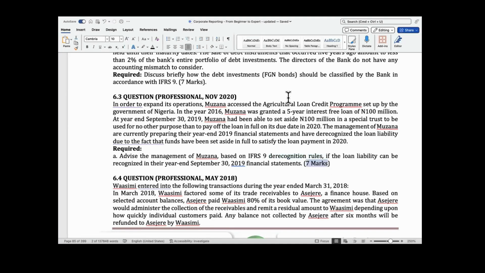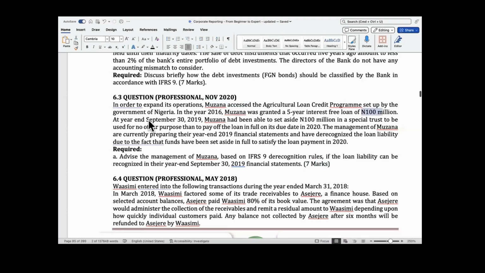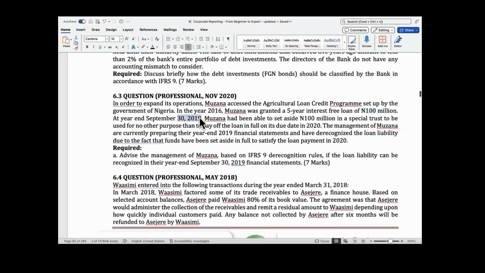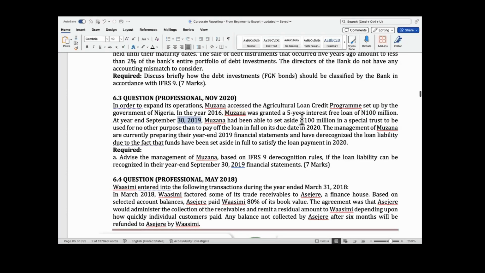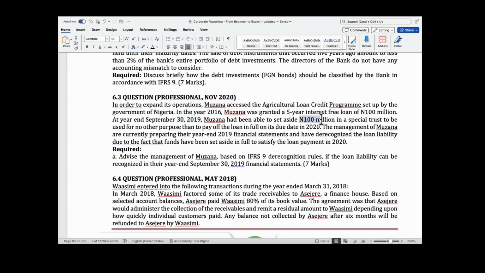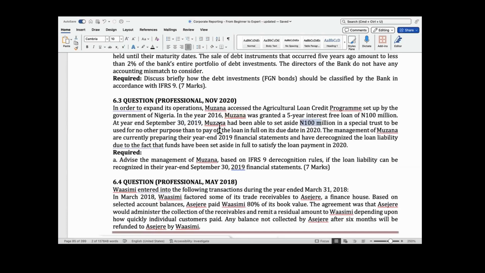Okay, so the substance of this transaction is that Muzana took a loan, a 5-year interest-free loan. And he's supposed to pay back in 5 years. But at the end of like the 3rd year, he had already set aside 100 million in a trust fund.